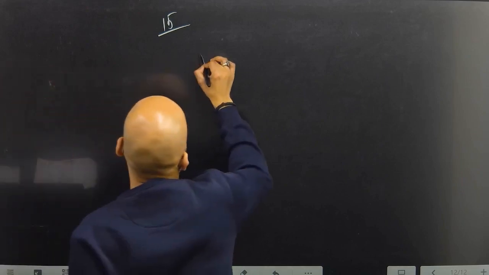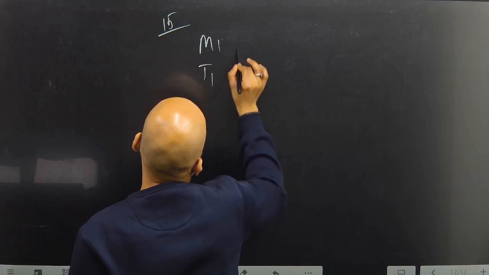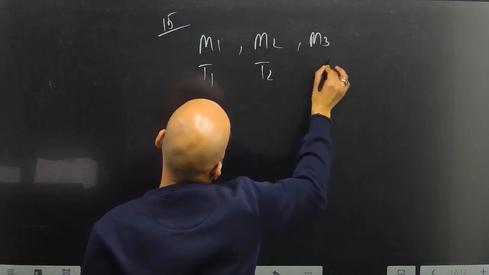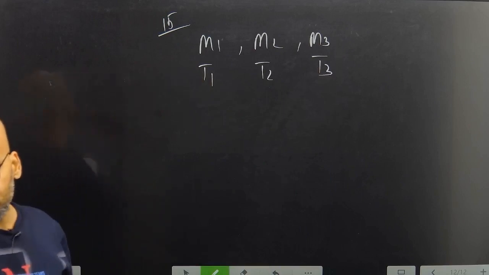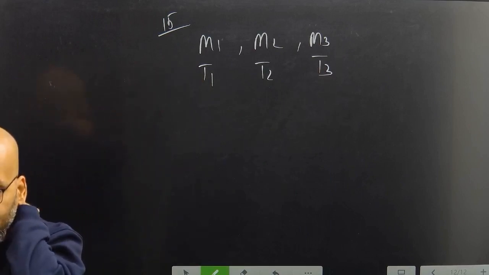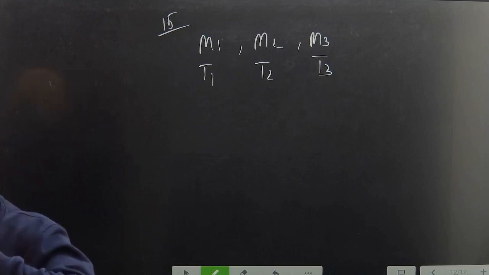So M1 has temperature T1, M2 has temperature T2, M3 has temperature T3. These are copper blocks. Assuming there is no heat loss to the surrounding, find the equilibrium temperature T. Now they are brought in contact.